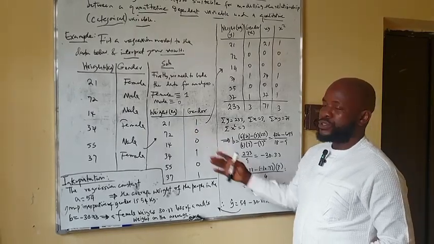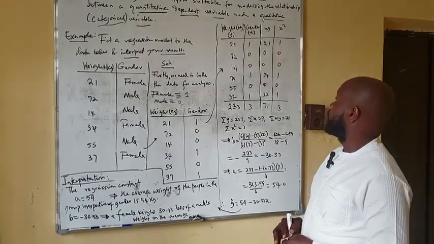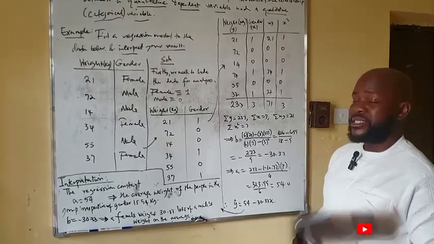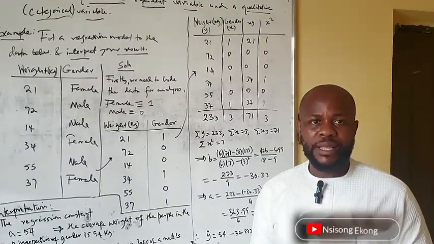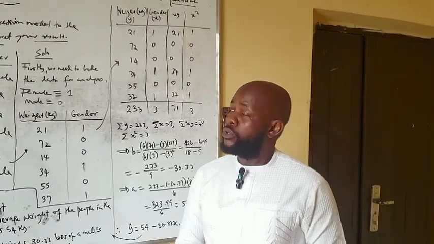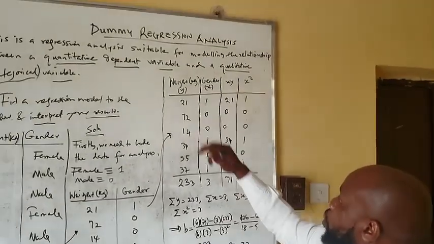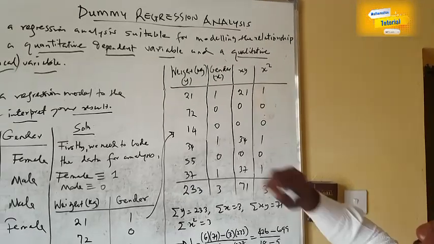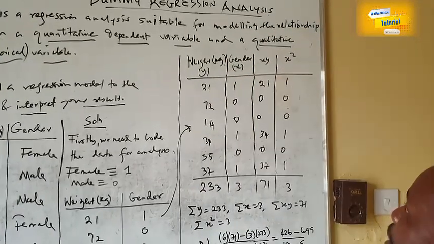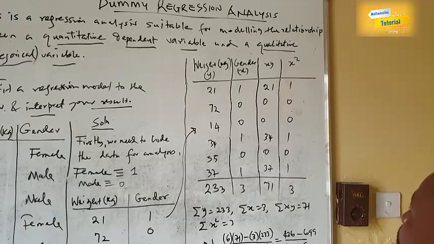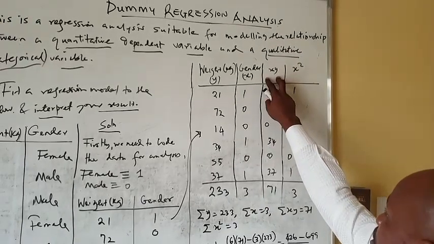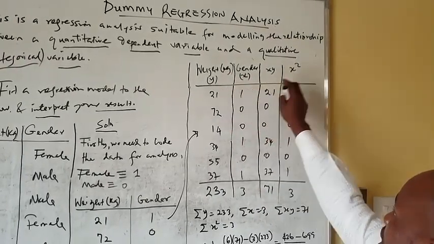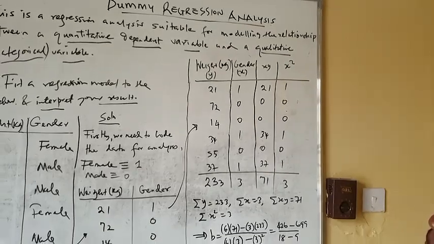With this we'll be able to solve and interpret our result. So using the simple linear regression approach, we put a table of 4 columns here: for the dependent variable y, which is weight in kg, and for the independent variable x, that's gender. This column is for the product of weight and gender, and this one is the gender squared.